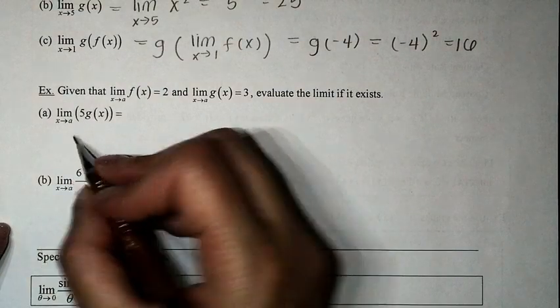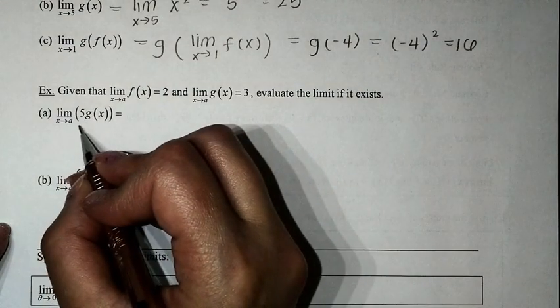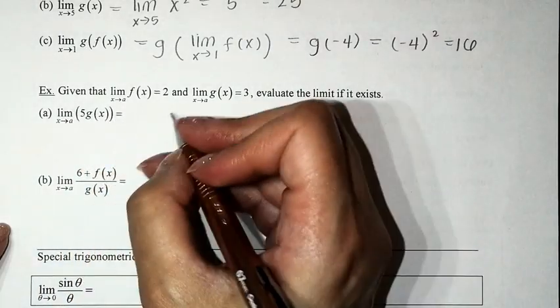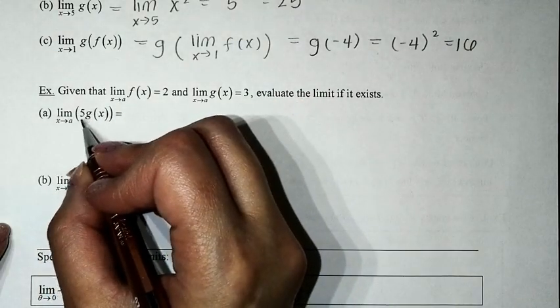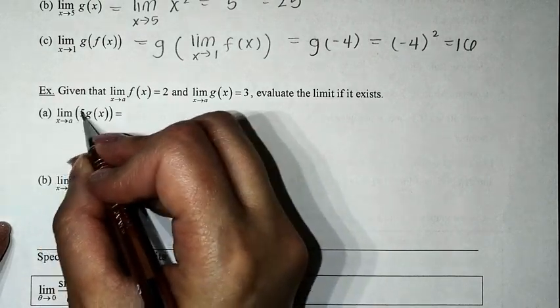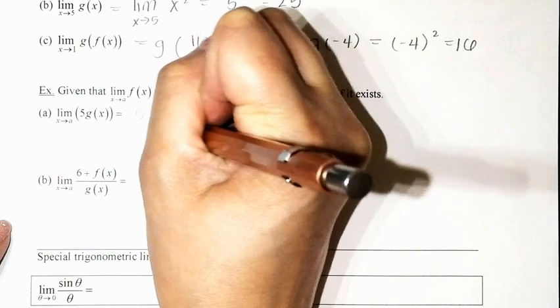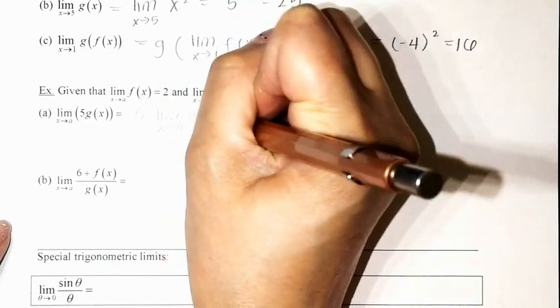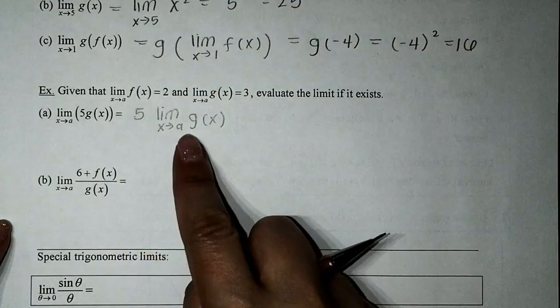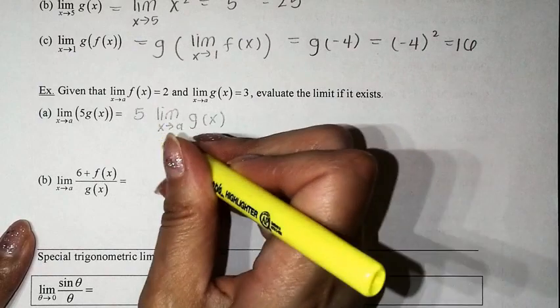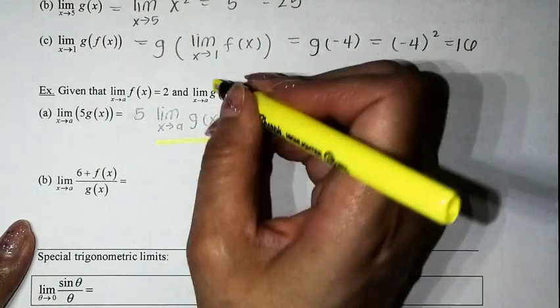So the first one that you have is the limit when x approaches a of 5 times g of x. So you can use the multiple constant property here, so you can take out the 5 and then compute the limit when x approaches a of g of x. So what you can notice here is, even though we don't know the value of a, the beautiful part is that this guy that we have over here, you can recognize it, that we have it here.